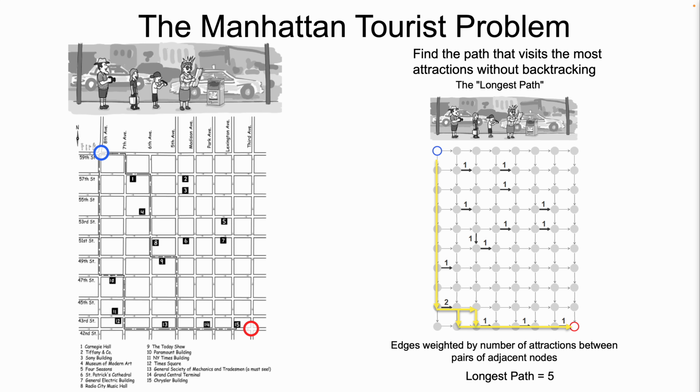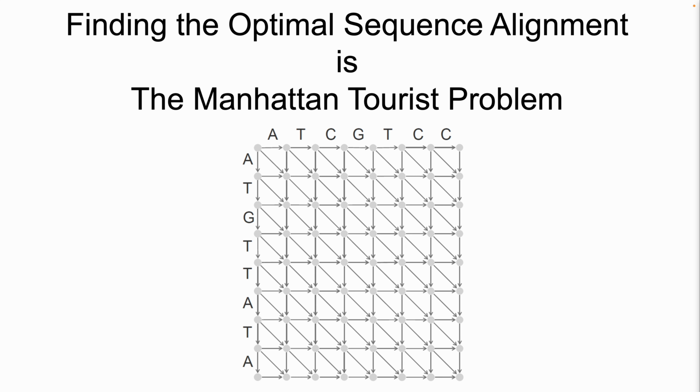Well, it turns out that you can formulate the Manhattan tourist problem as the optimal sequence alignment problem. So you can think about having the sequences in a 2D array, and we're going to score the attractions, in this sense, as matches, right? If you match going across that position, then you get a 1, otherwise you get a 0, okay?